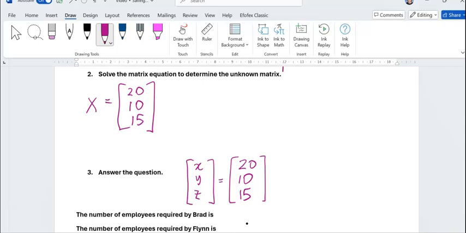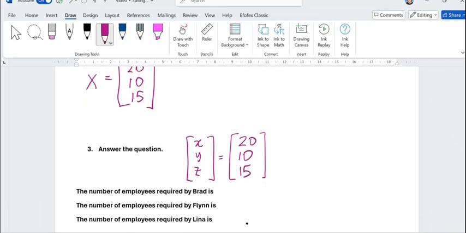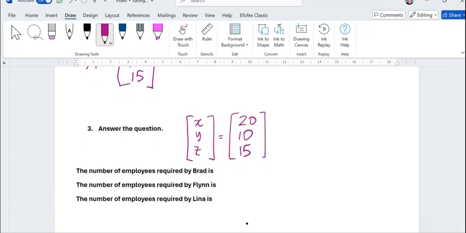So in the start of this question, I let X be the number of employees required by Brad. I let Y be the number of employees required by Flynn, and so on. So you can see there from those two equivalent matrices, X is 20, Y is 10, Z is 15. So I can then answer the question, and the question was how many contractors required by each person.